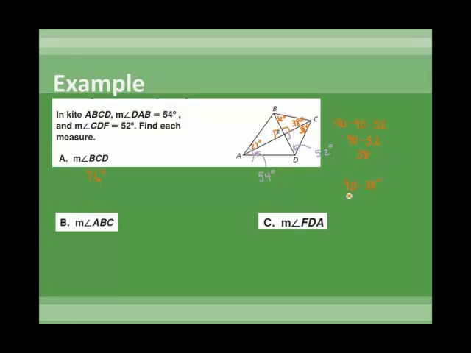So if we do 90 minus 27, this would be 63. Then we know that the measure of angle ABC is the sum of those, so it's 63 plus 52.